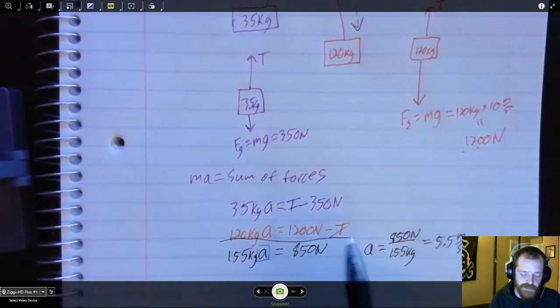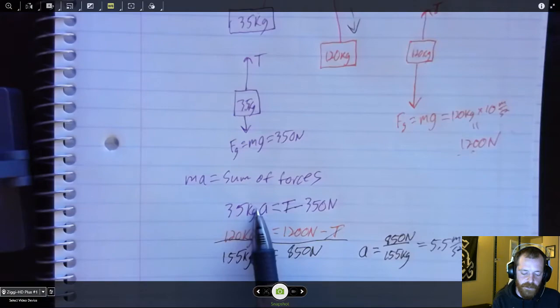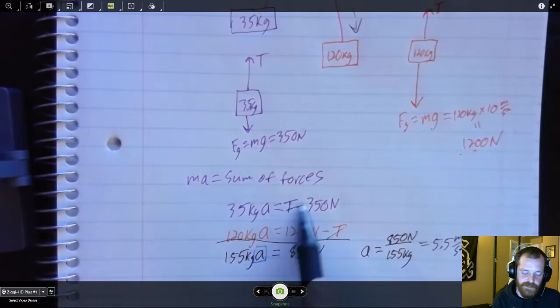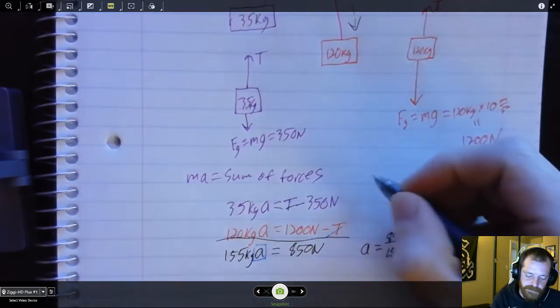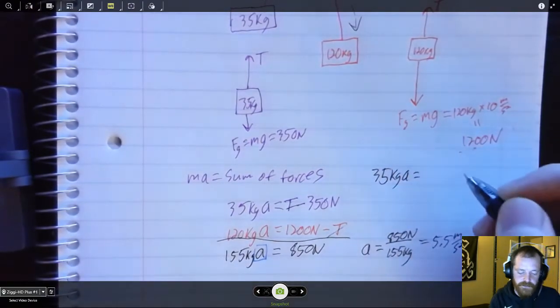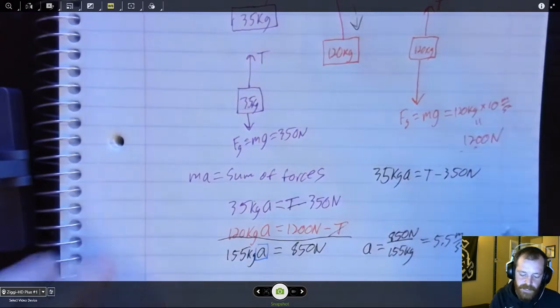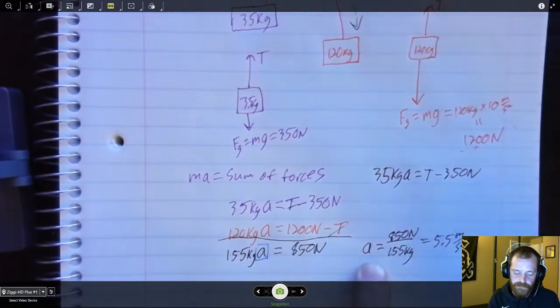Now, if you're going to solve for tension, what we can do is come back up to one of these two equations and just plug in for A, right? We already know an equation solving for tension. I'm sorry, I got the cross out mark through the T, so let me rewrite this. We already know that the mass times the acceleration of this object is equal to the tension minus 350 newtons. I now know the acceleration. It's 5.5.